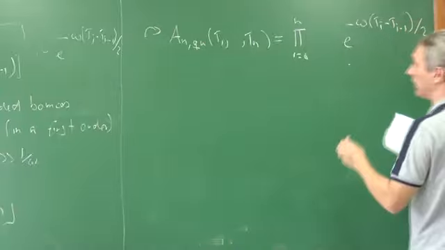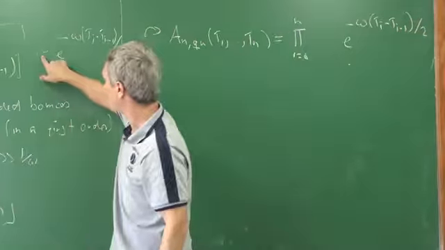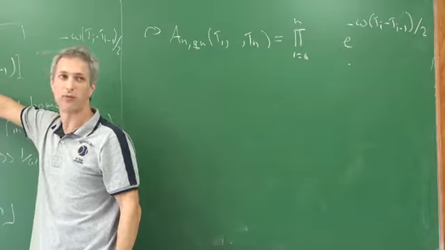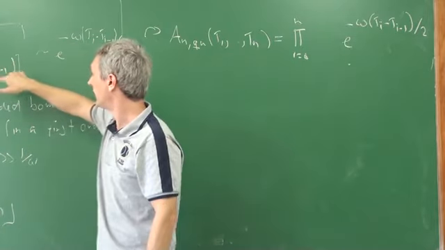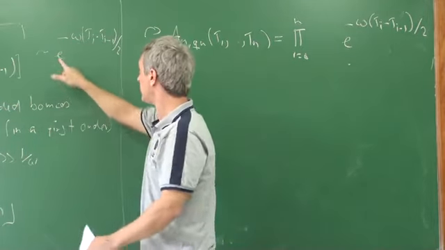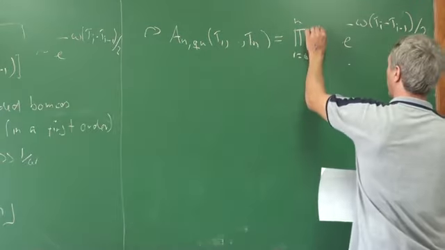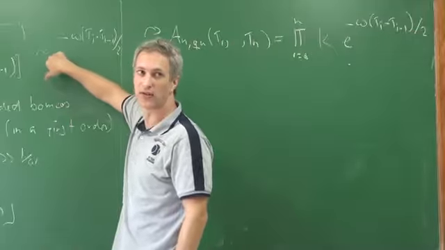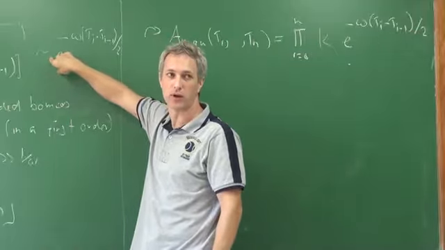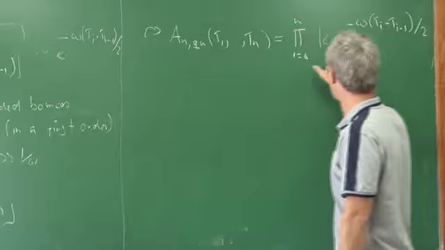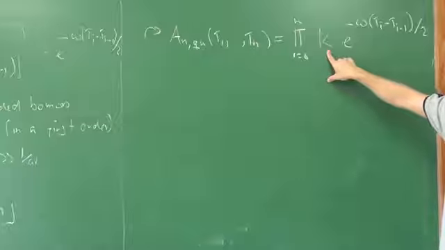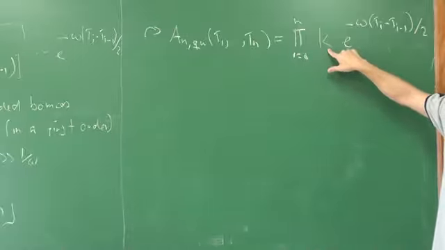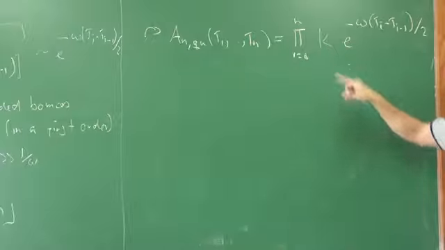And just to get the right order, there are prefactors from the fluctuation determinant, and factors 1/2 and whatever. So let me just introduce a factor k, which corresponds to all these prefactors, pi and whatever. We could include it, but out of laziness we just don't want to.